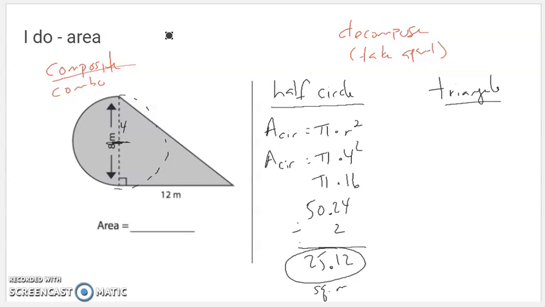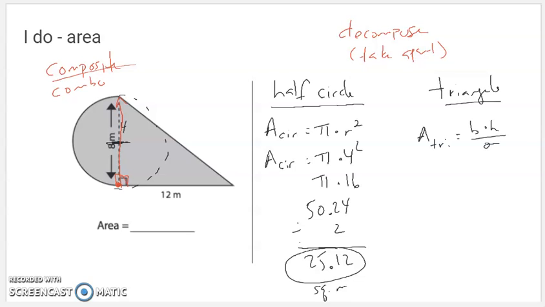The triangle, the area formula for a triangle is base times height divided by 2. In this case, I warn you, with most triangles the sides are not always the height. This one it is, since this is a right angle. This side of the triangle goes from the base straight up to the highest point of the triangle.